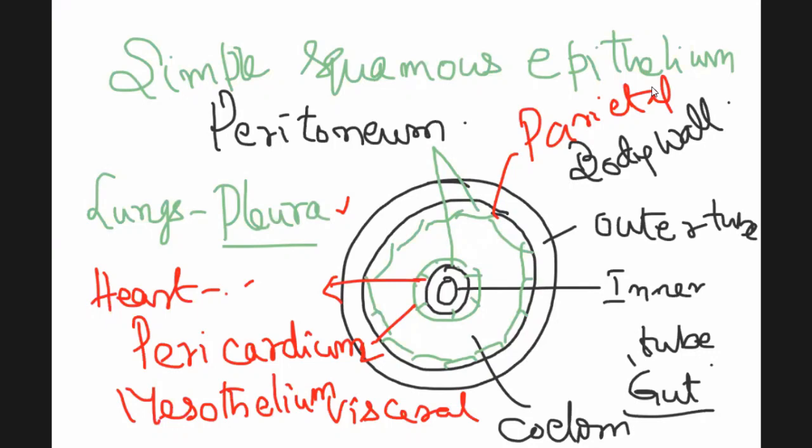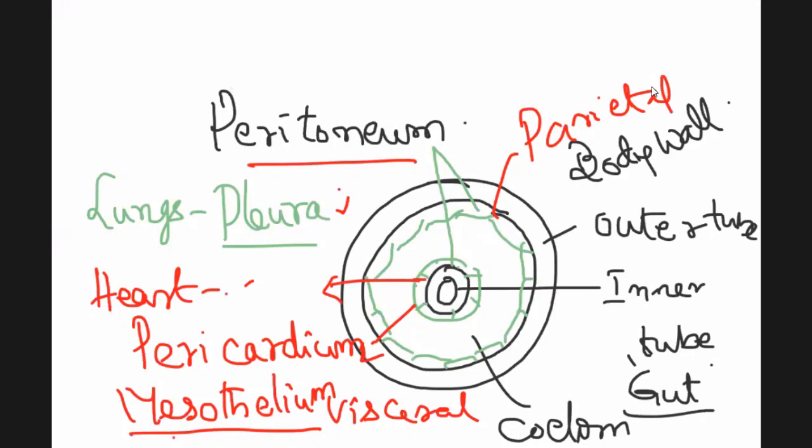So note it down now. The peritoneum enclosing visceral organs is called mesothelium. What is endothelium? Epithelium covering the blood. These are technical terms; you need to know the meanings.